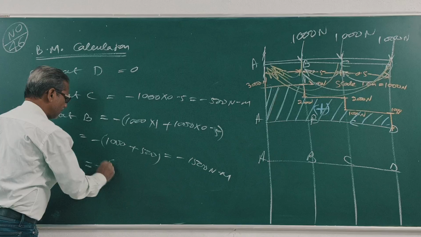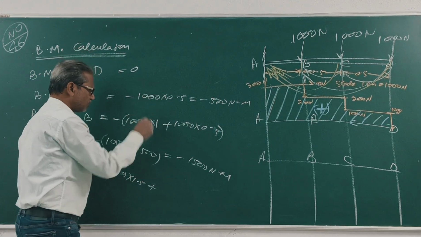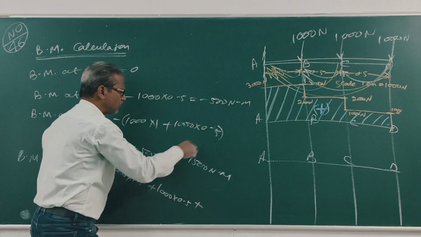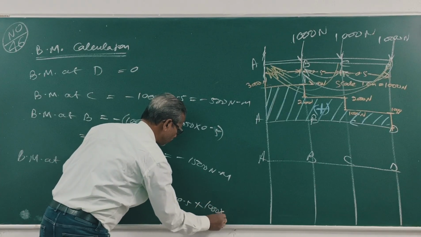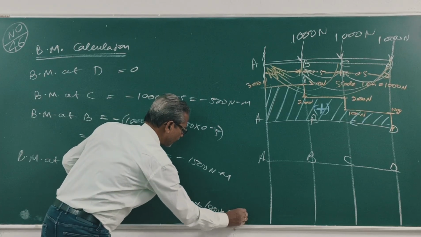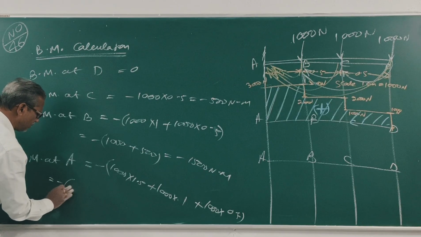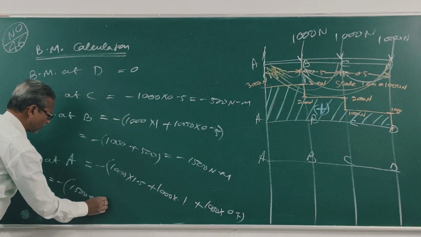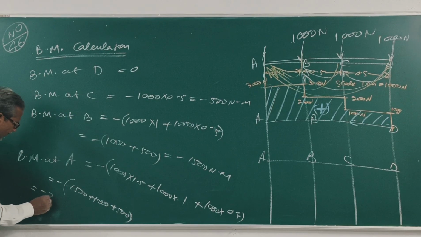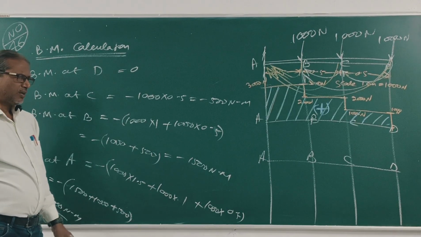So minus 1000 into 1.5 plus 1000 into 0.5 plus 1000 into 1, is equal to minus 1500 plus 1000 plus 500, is equal to minus 3000 Newton meter. Clear?